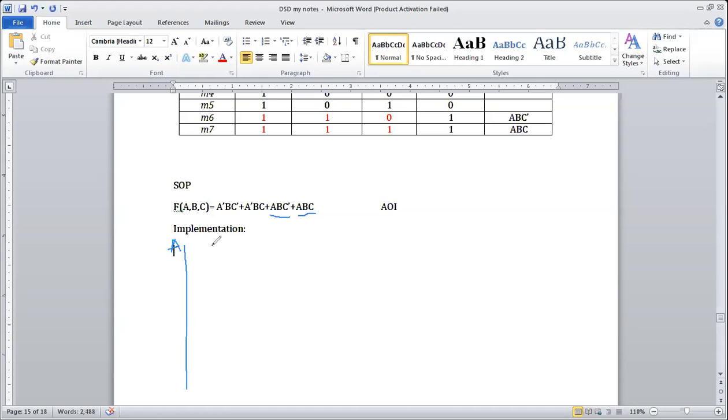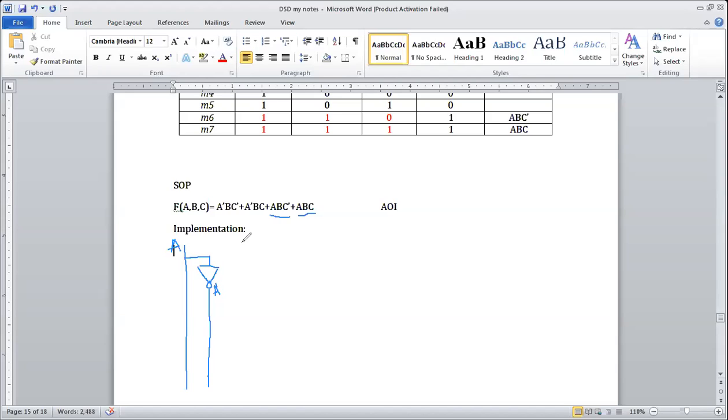Now I will take one more wire where I will make the inversion of this wire. I'll put one NOT gate here. So what is the output of this NOT gate? A bar.